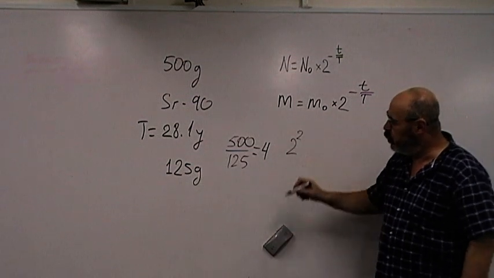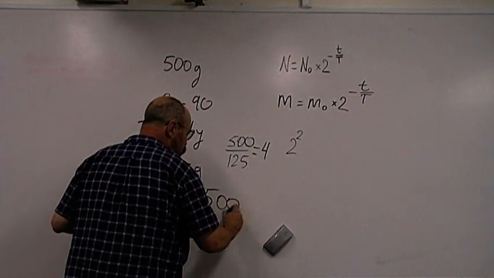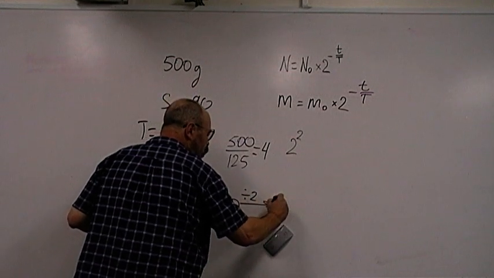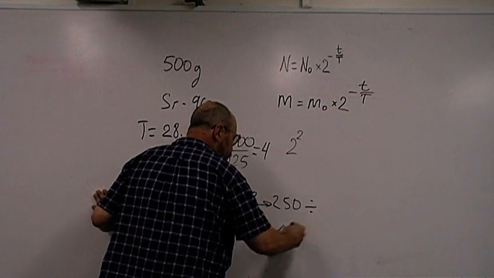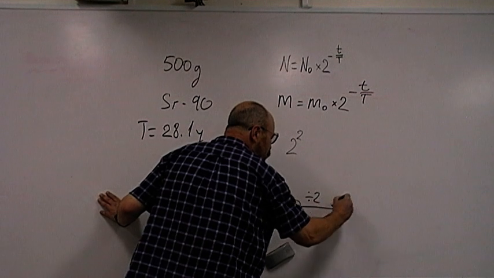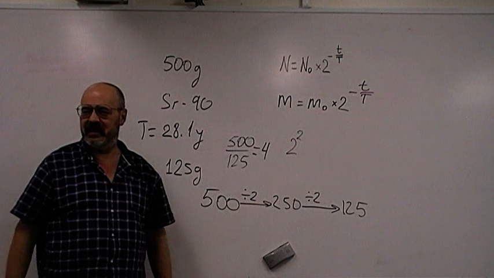So we take 500 divided by 2, we get 250. Then divide by 2 again, we get 125. So how many half-lives passed?